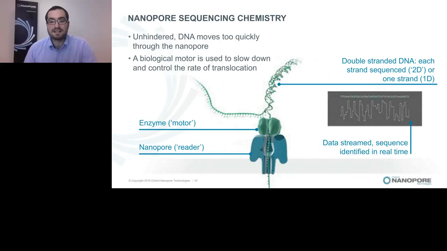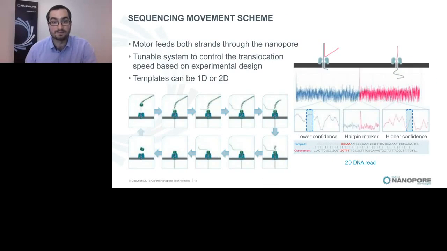If you just let the DNA go through the pore unhindered, it moves through far too fast, about 1 million bases a second, which is beyond our sampling frequency. So we just don't have enough time to see each base. So we slow down and control the rate of translocation of the DNA through the pore using a biological motor protein. This controls and slows down the DNA and also acts as a ratchet, meaning that you see 1 base at a time, allowing us to measure the current levels.